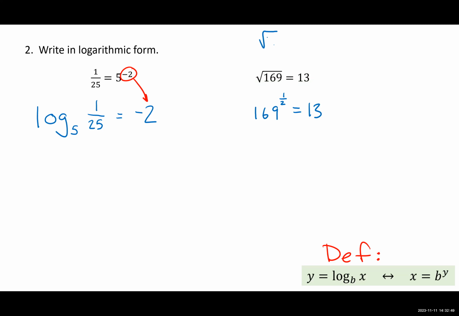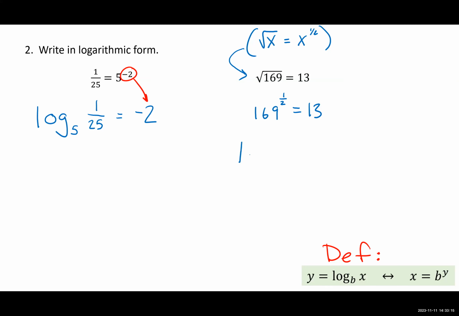The square root of x is equal to x to the 1/2 power. It's just two ways of saying the same thing, like 0.5 and 1/2, decimal and fraction. So applying this, 169 to the 1/2 power is the same as the square root of 169.